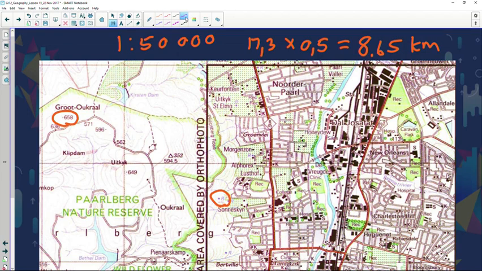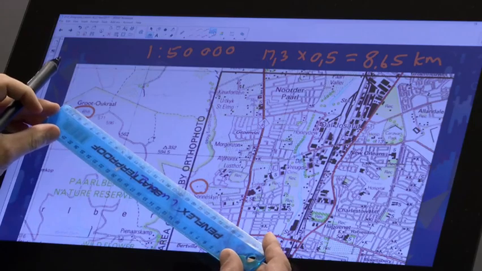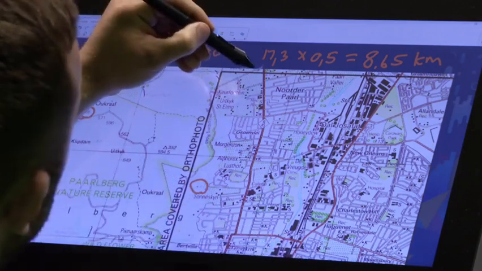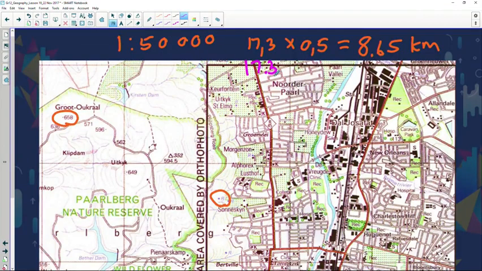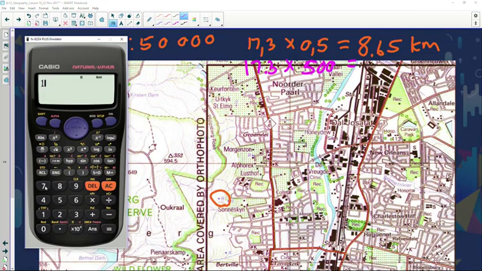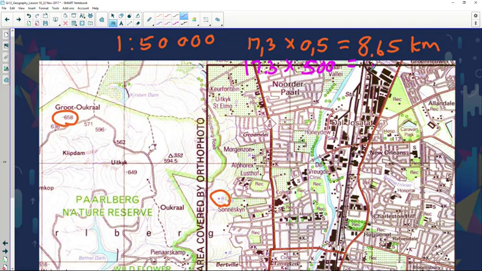If I want my answer in meters, what's going to be different? The centimeters are going to be exactly the same. You measure the distance between the two areas, spot height 658 and the reservoir. So it's 17.3 times 500, and you use your calculator once again, and you get your answer in meters.